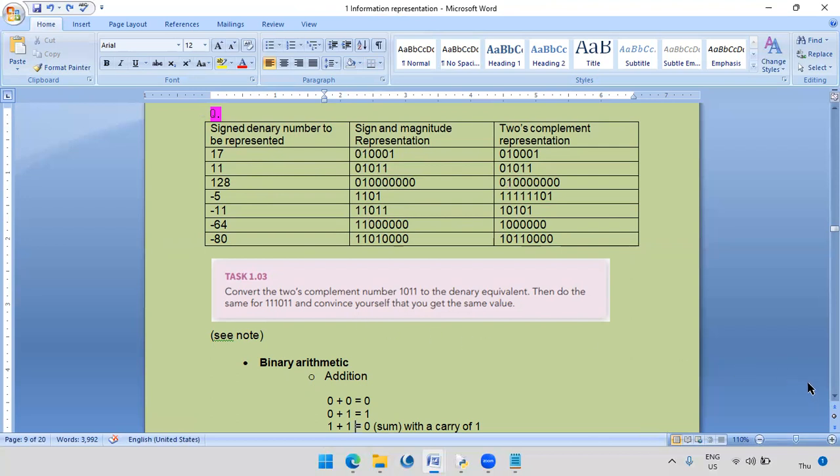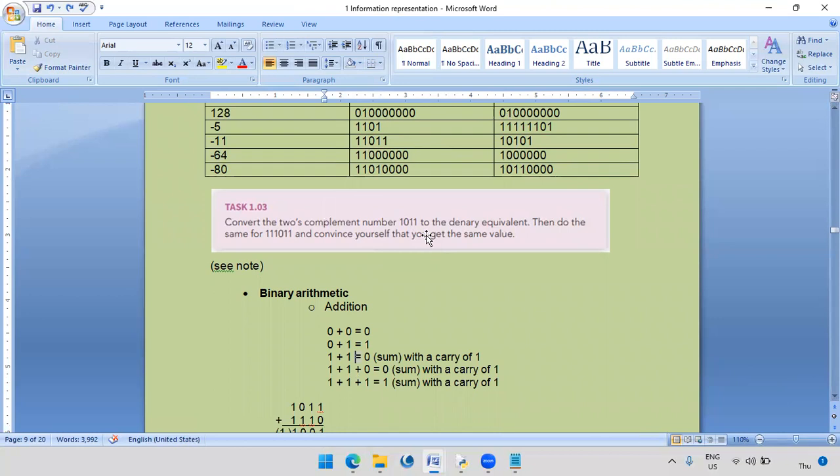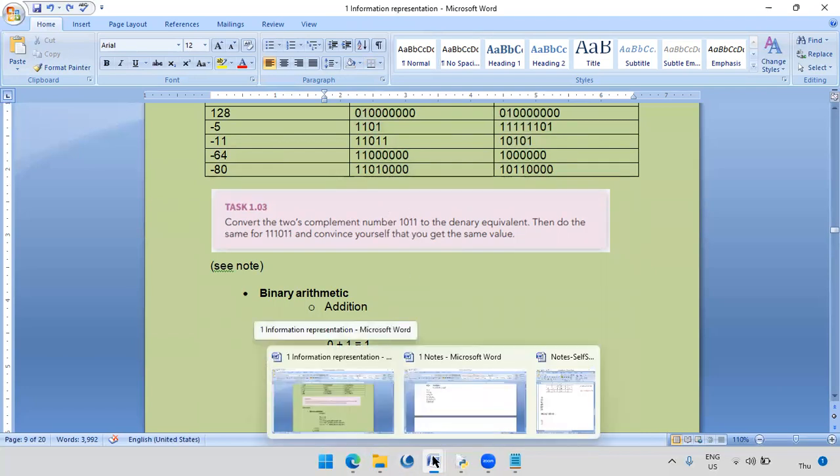There is task 1.03. Convert the two's complement number 1011 to the denary equivalent. Then do the same for 111011 and convince yourself that you get the same value. What does that mean? We'll take these two numbers in the worksheet and try 1011.